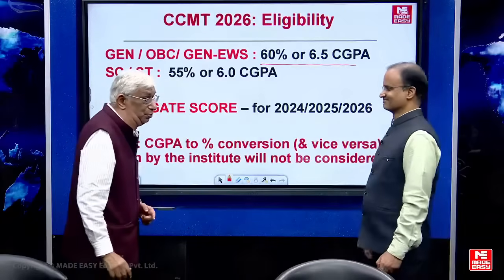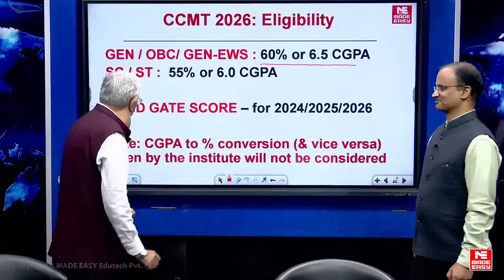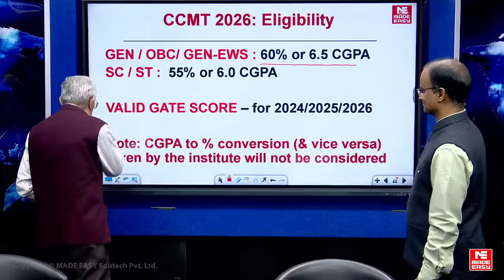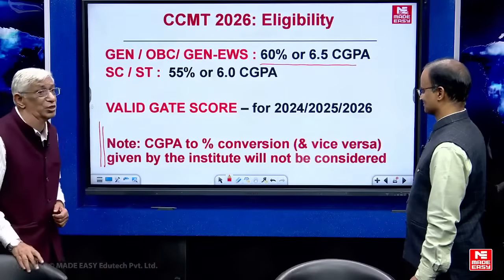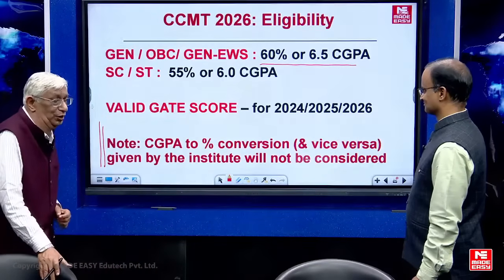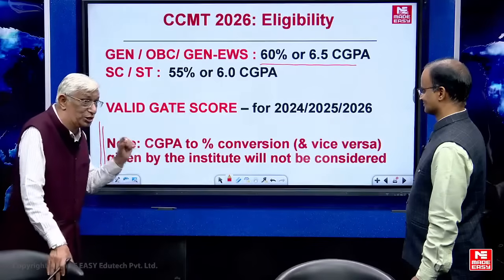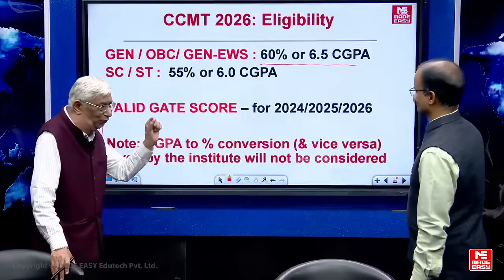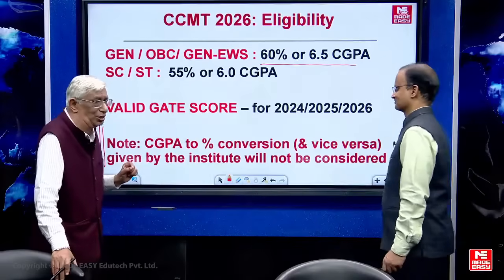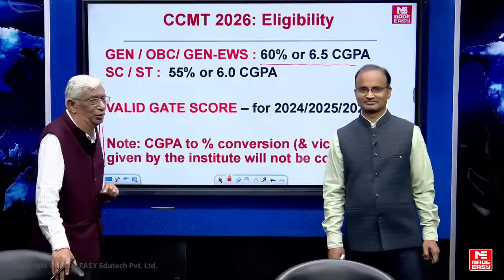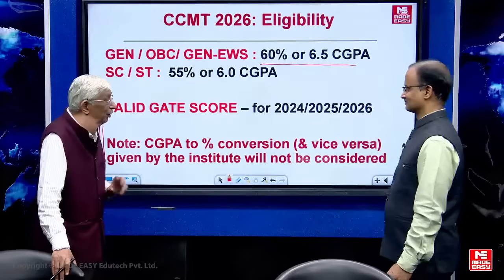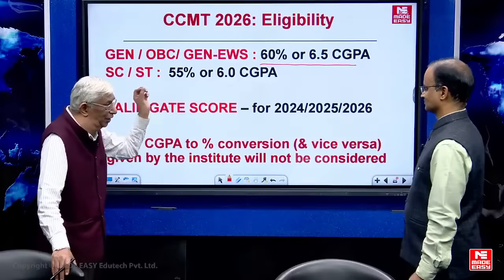You must score 60% or a CGPA of 6.5, and there is no conversion formula. What you see is what you get, which means whatever is mentioned on your mark sheet issued by your college or university, if it is percentage, they will take that percentage.